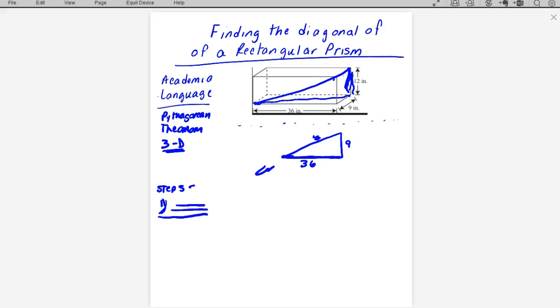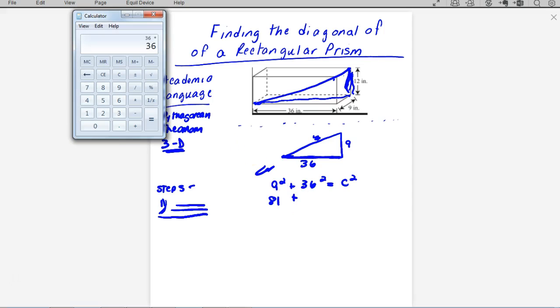So we do the Pythagorean theorem. We have 9 squared plus 36 squared equals c squared. So that's 81 plus, let's see, 36 times 36, 1,296, equals c squared. Now add those together, so 81 plus 1,296 is 1,377 equals c squared.